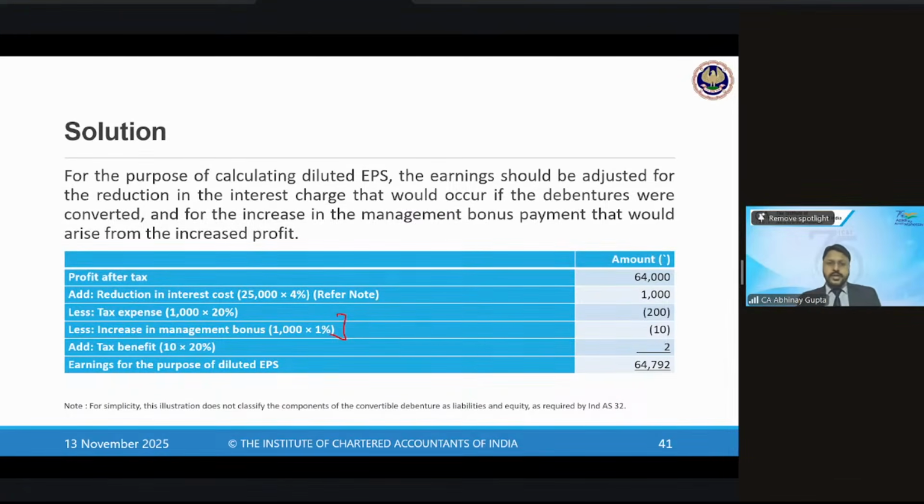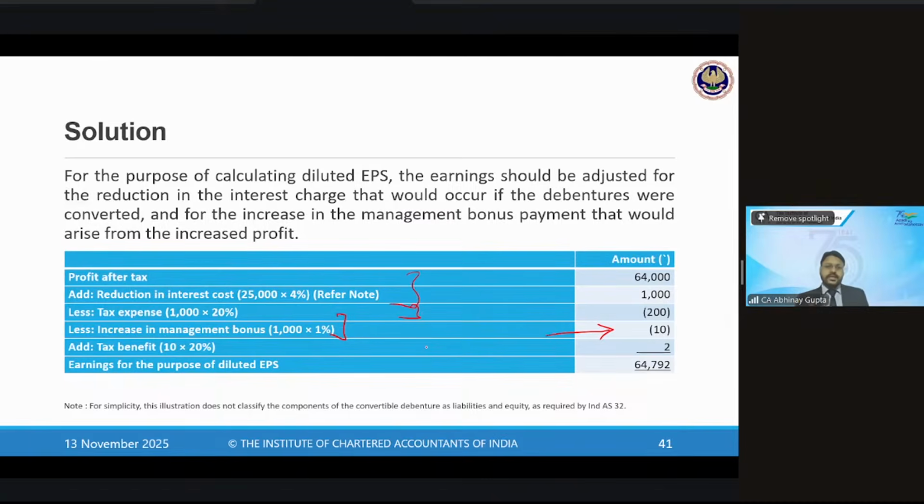Now it is very clear. Whenever we are calculating the earnings available to equity shareholders for diluted earnings per share, we need to give effect to all the changes in the numerator, for any profit or loss changes because of these instruments getting converted.